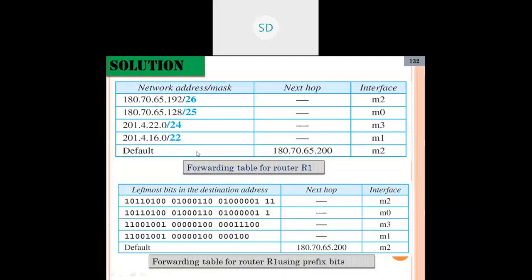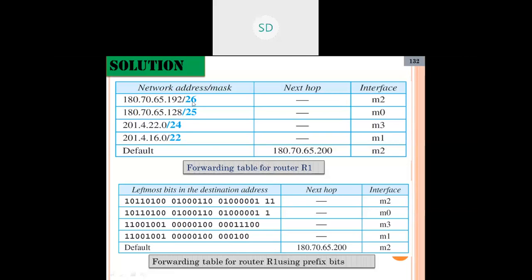The incoming packet is compared with the first address. If matching occurs, this will be the interface. If no matching occurs, it goes to the next address. If none of them match, then the default will be selected. In this example, it goes with the first matching.